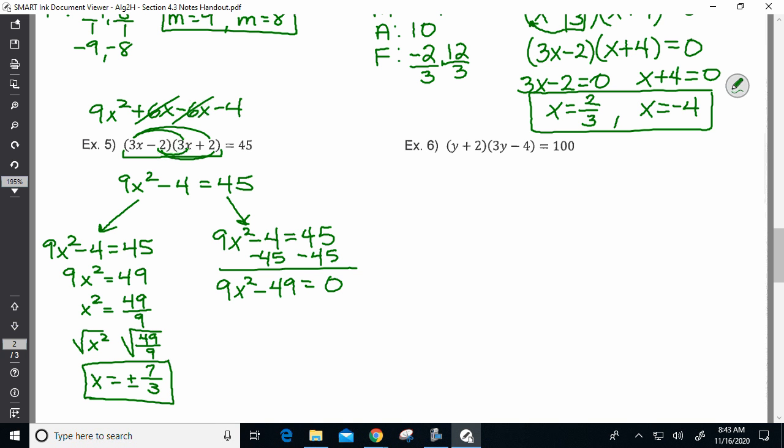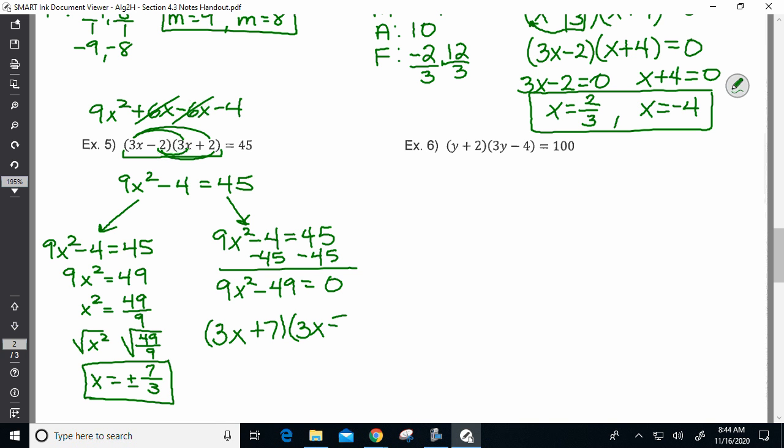To factor it, you have two terms. That's a difference of two squares. Well, you see if difference of two squares will work. 9 is a perfect square. That's 3x and 3x. 49 is a perfect square too.